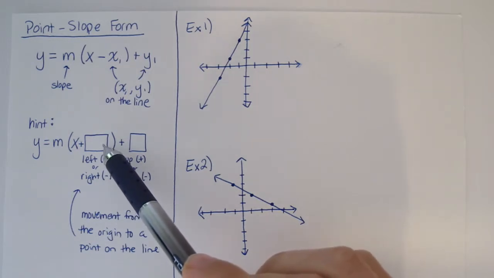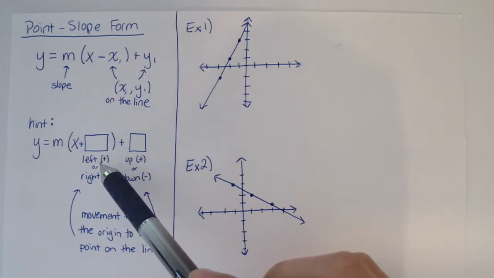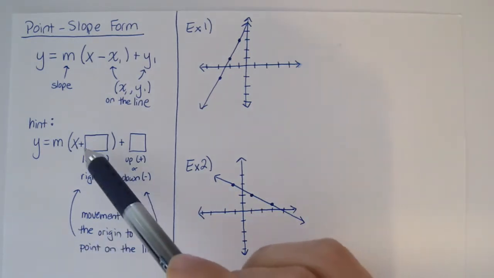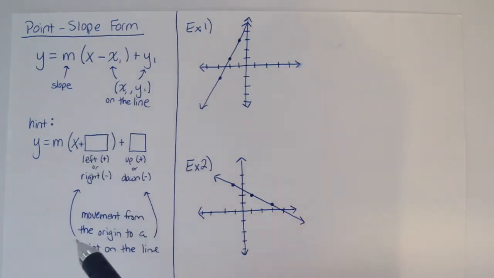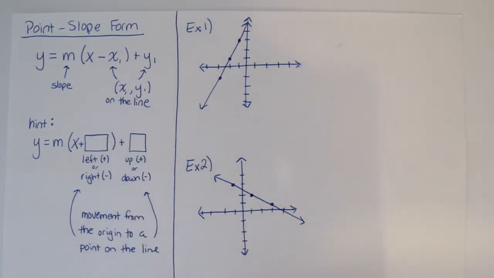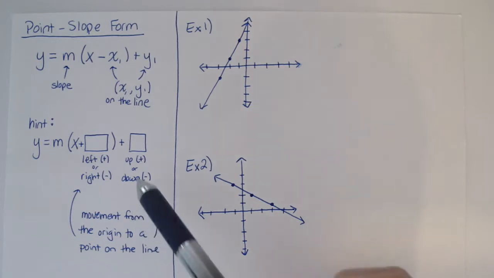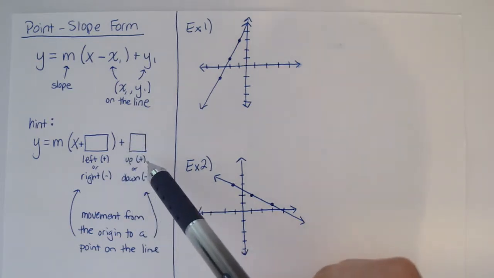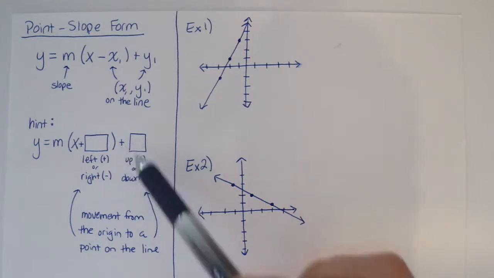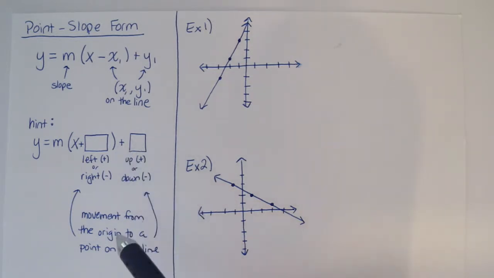That number tells us how far left or right to move from the origin. My hint is that if there's a plus number, we're moving to the left, and if there's a minus number, we're going to move to the right. And then the number outside parentheses tells us up or down. Up would be plus some number and down would be minus some number.